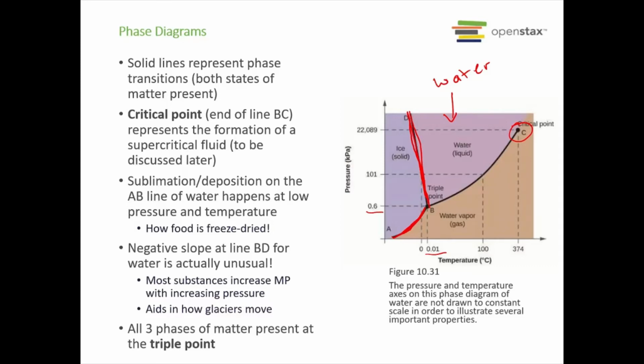Notice it has a negative slope. That's actually not normal. Most substances increase their melting point with increasing pressure. But this decrease in melting point with the increase in pressure actually aids in how glaciers move.